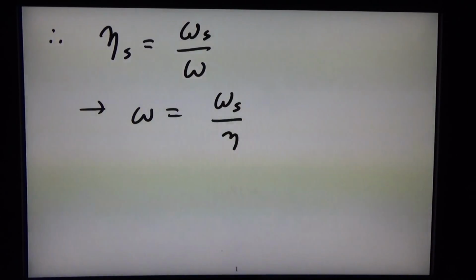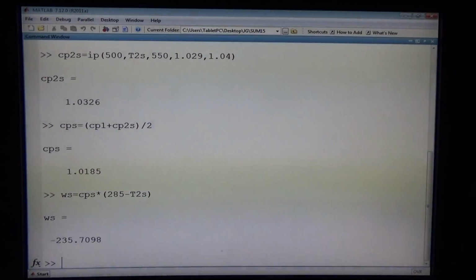So if we look at the isentropic efficiency equation for a compressor, we have Ws on top and W on bottom. So we just found Ws, then we can find the actual input work is going to be Ws divided by our efficiency, which was 0.8. So the actual input work is going to be isentropic work divided by the efficiency.